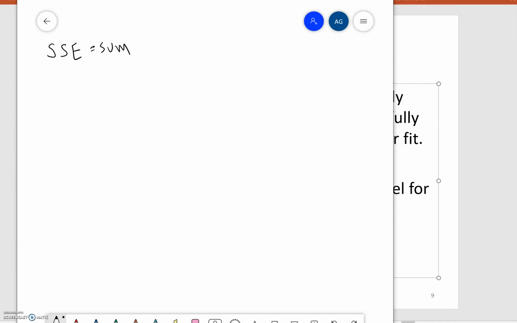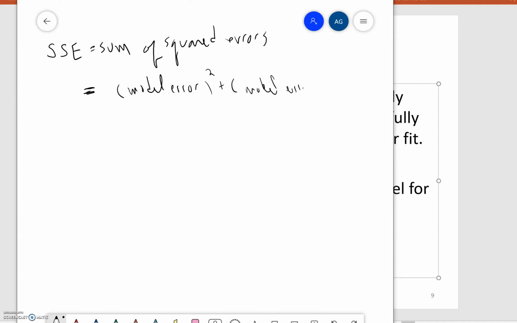First of all, sum of squared errors, that's the name of it, and that is really what we're looking at. So it's model error squared plus model error squared, and so on down the line.